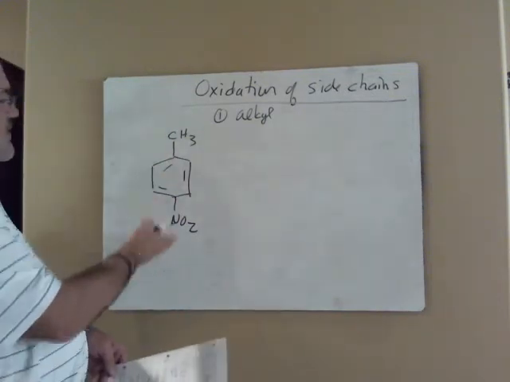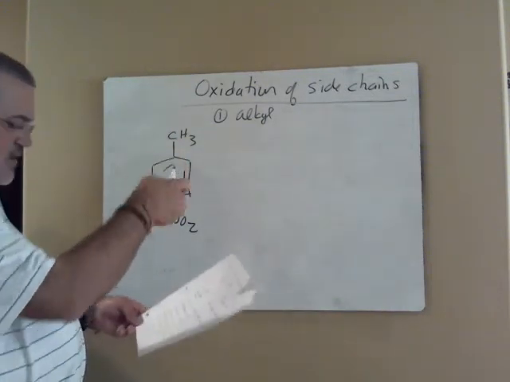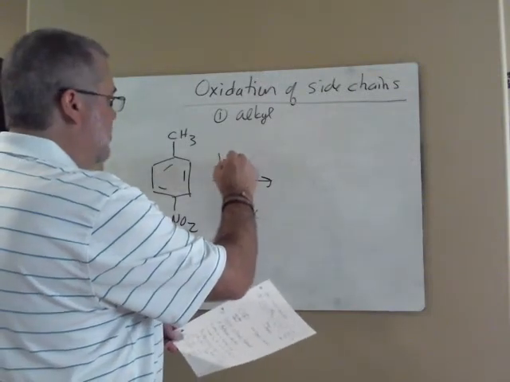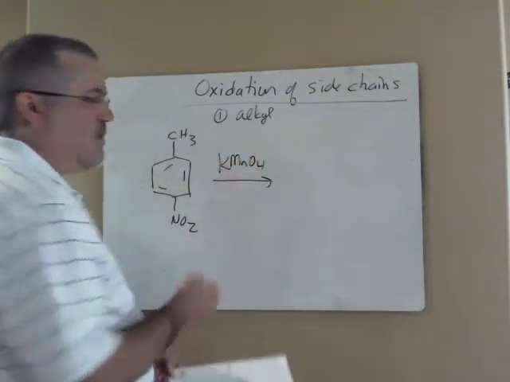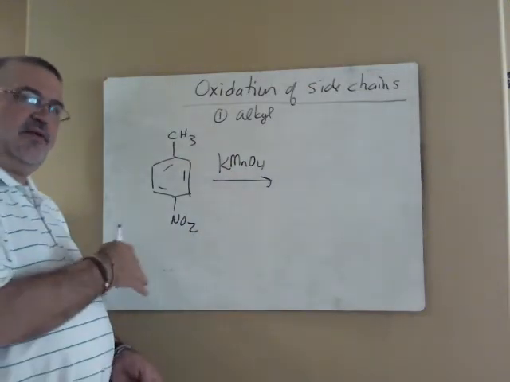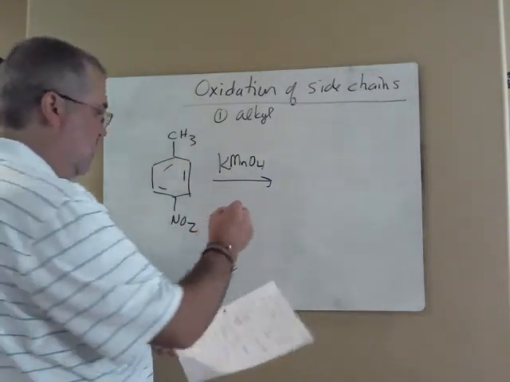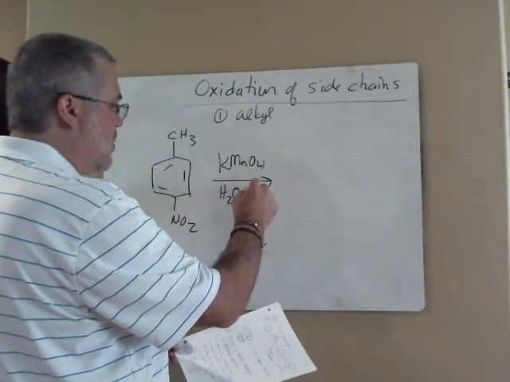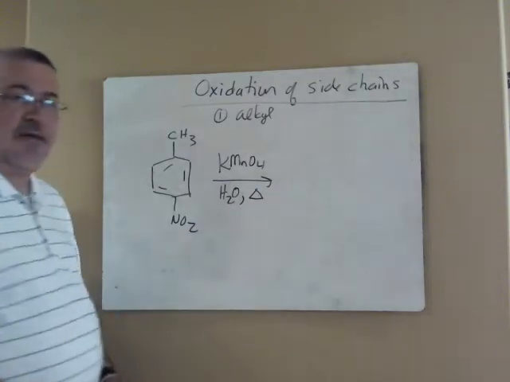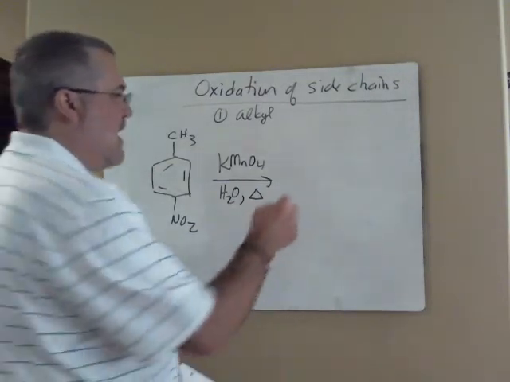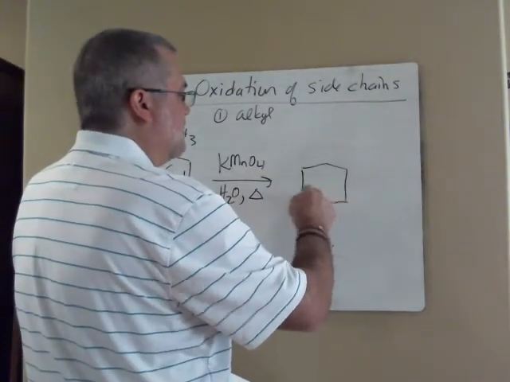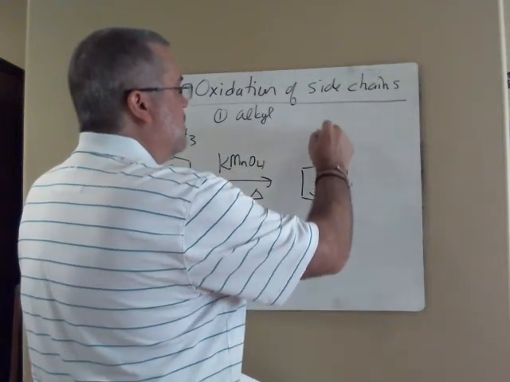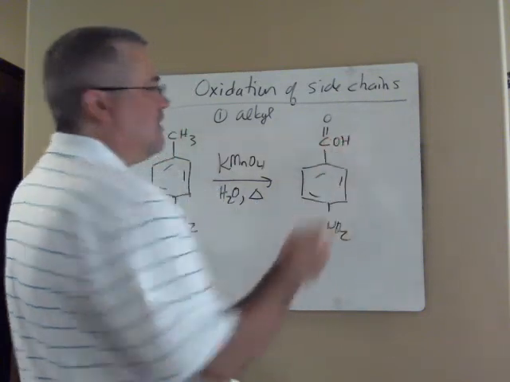And so when you have a system like this and you have this alkyl group, you can take this and react it with potassium permanganate, which we've already talked about previously as being a strong oxidizer. So potassium permanganate in water, and it's going to require some heat. Okay? And when you do that, you oxidize that alkyl group to the carboxylic acid.